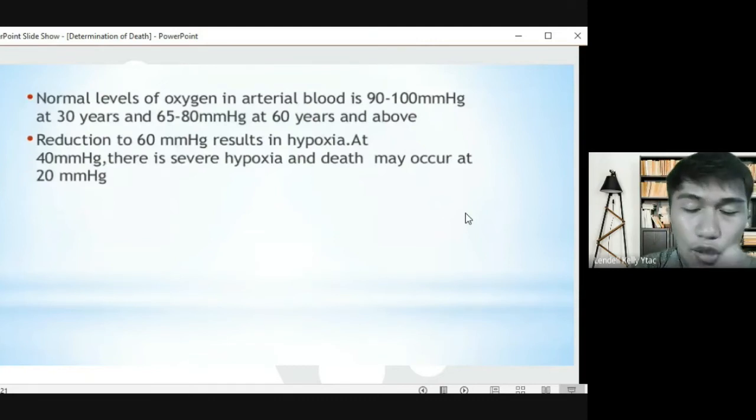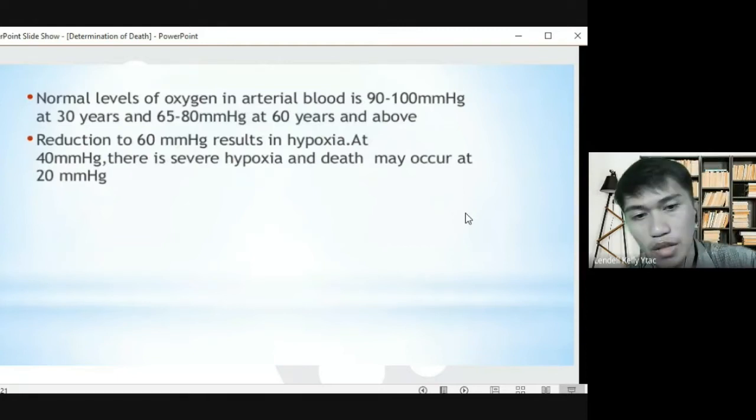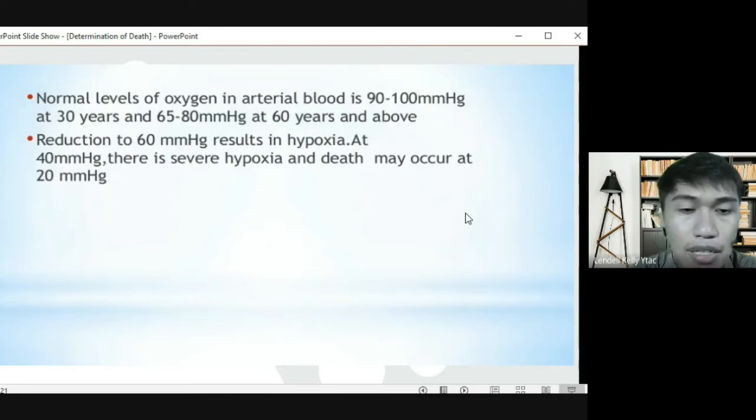So the normal is 90 to 100 millimeter mercury at 30 years and 65 to 80 at 60 years. As you can see here, the higher the age, the lesser the amount of arterial oxygen pressure that is saturating your blood.